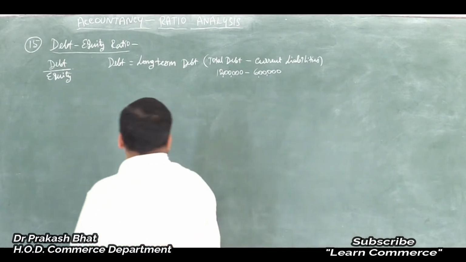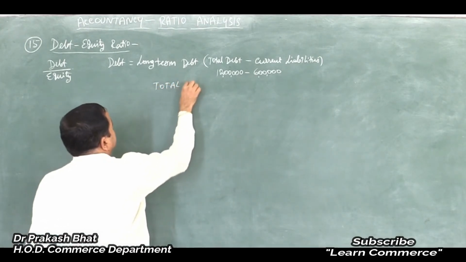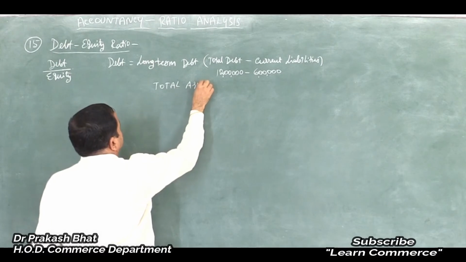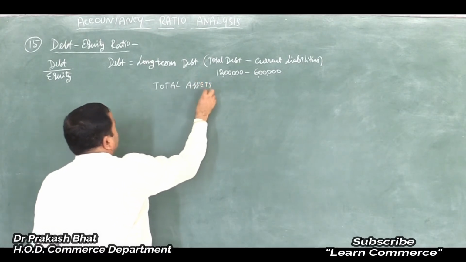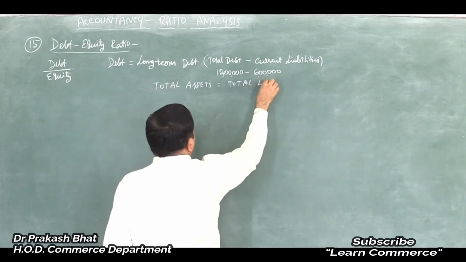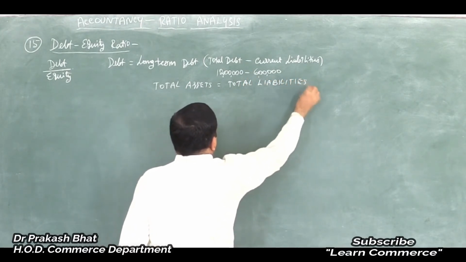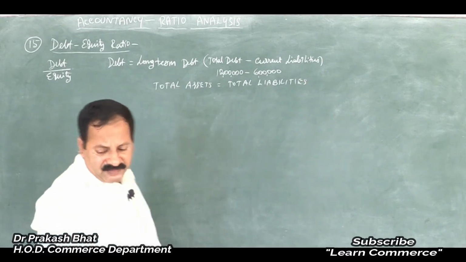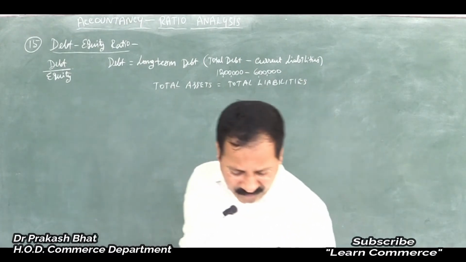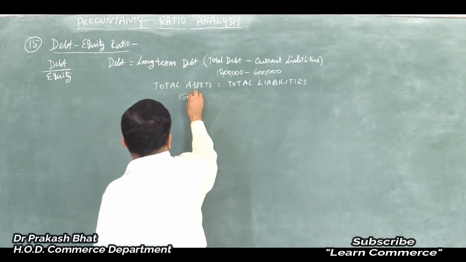You know that total assets is equal to total liabilities. Total assets are given in the problem as how much? 15 lakh. Is that correct?